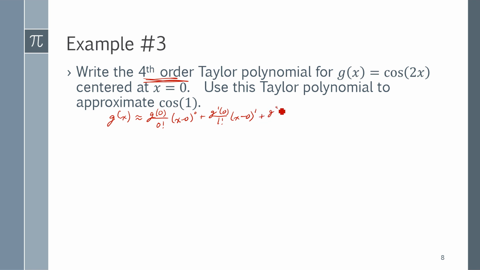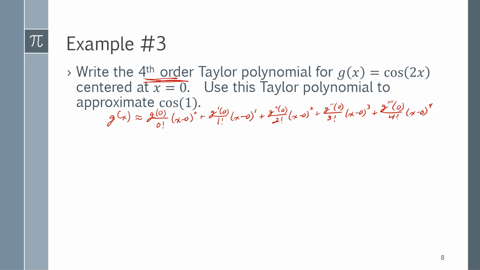So g double prime of 0 over 2 factorial times x minus 0 to the second, plus g triple prime of 0 over 3 factorial times x minus 0 to the third, plus g 1, 2, 3, 4 prime of 0 over 4 factorial times x minus 0 to the fourth.